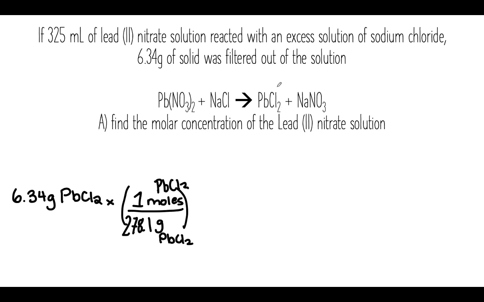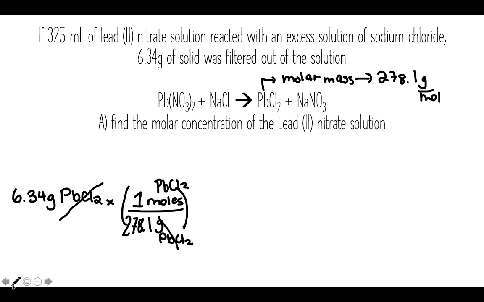How do I know that? If I look at the molar mass of PbCl2 from my periodic table, I know that it is 278.1 grams per mole. And that's what tells me that I can use this. So grams of PbCl2 cancel out with grams of PbCl2 so that I can now get to moles, which I can then use to find the moles of Pb(NO3)2.